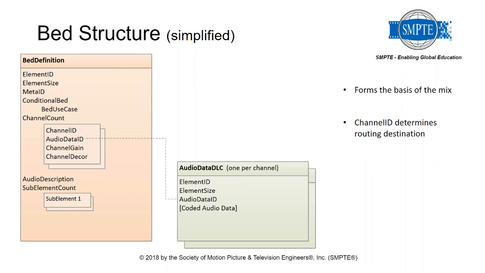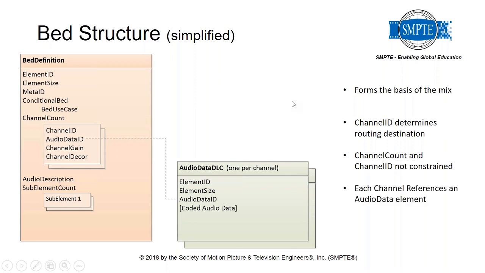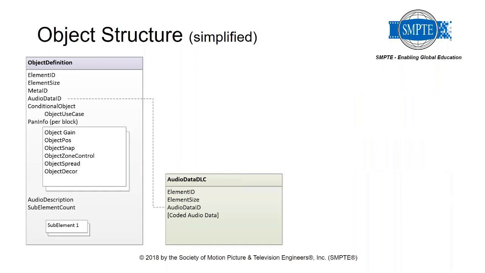Channel ID determines routing destination. I should point out channel count and channel ID are not constrained by the spec. You could have one channel in there, you could have two channels. You can't have more than one of any given channel ID, but there's no constraint on which channel IDs make up a bed. And each channel references an audio data element.